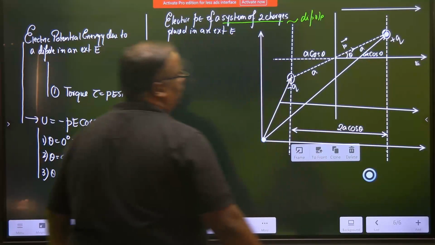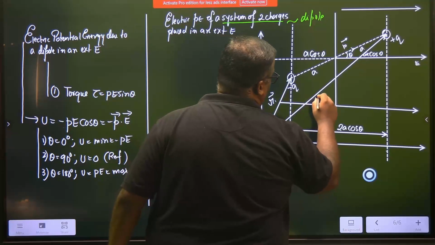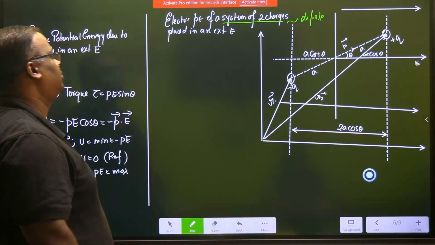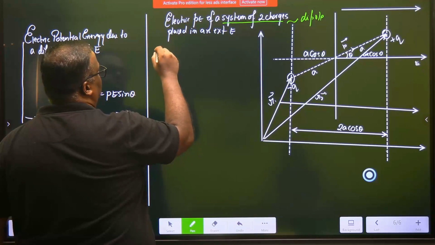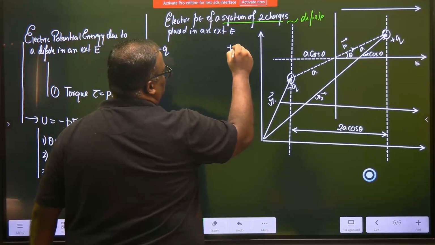This is the configuration of the system. This is vector R1, this is R2. So we have a charge minus Q and a charge plus Q.